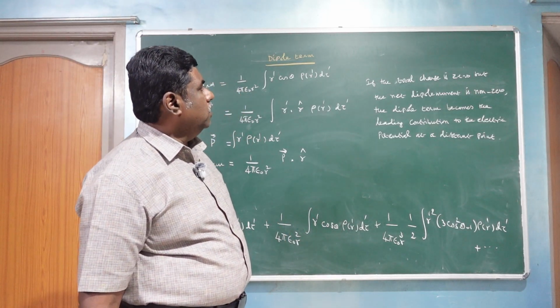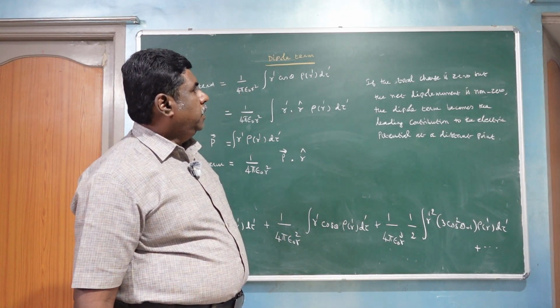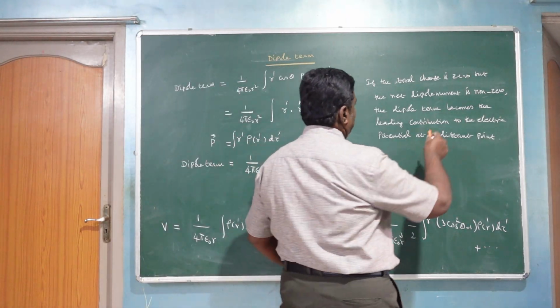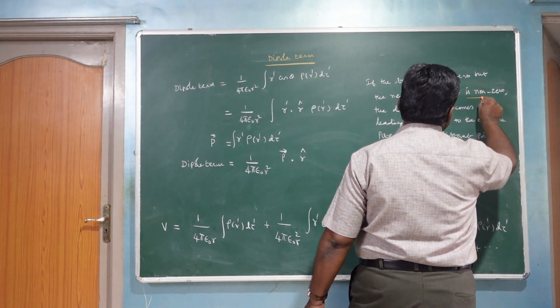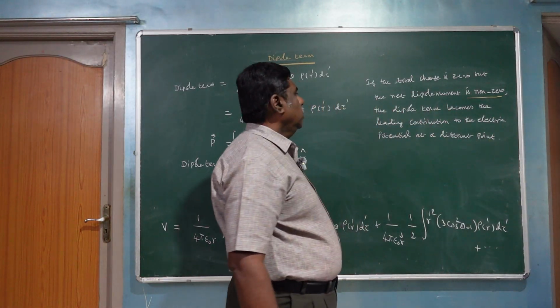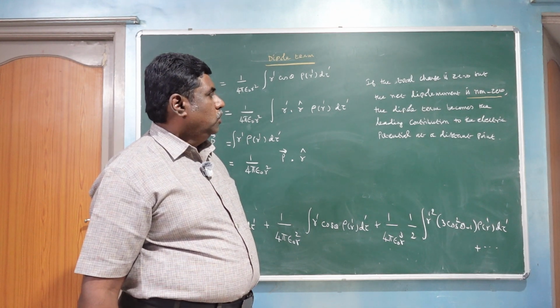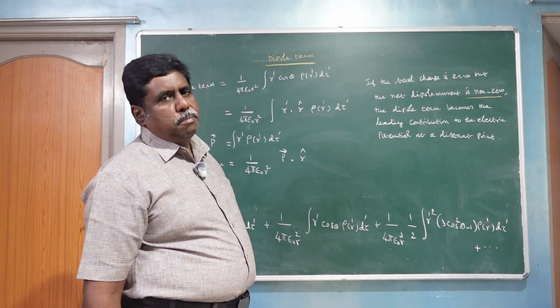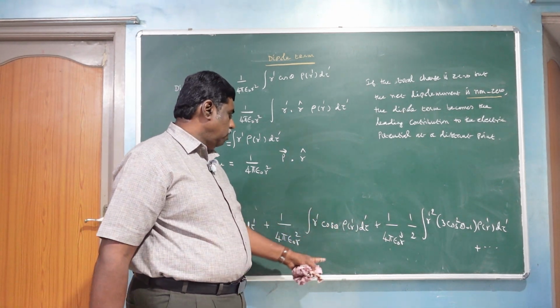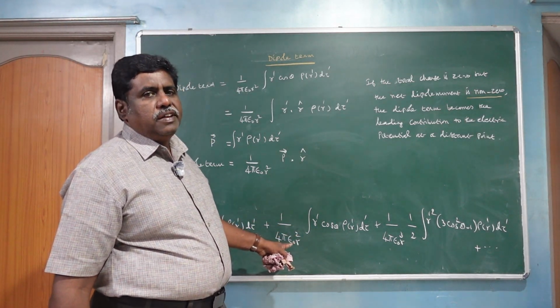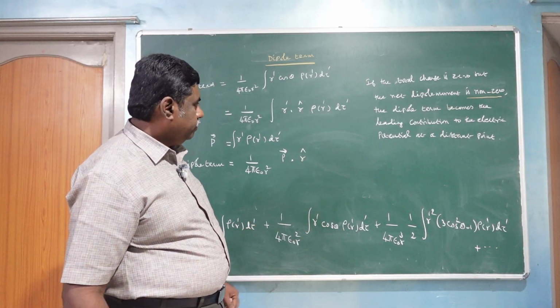If the total charge is 0, but the net dipole moment, which is a vector, is non-zero, the dipole term becomes the leading contribution to the electric potential at a distant point. So the second term is dominating. This is the dipole term. Here the potential varies as r power minus 2.